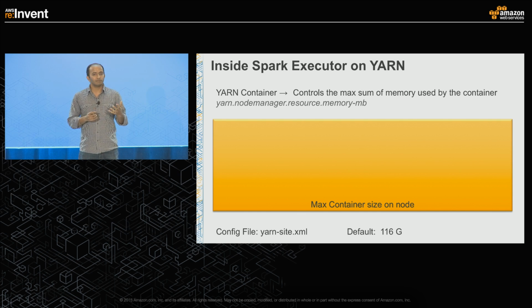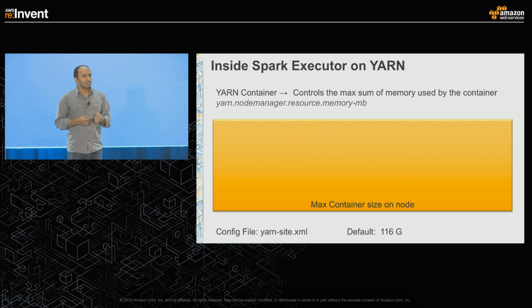Now the next thing is how much memory is required for my processing. Spark on EMR runs in YARN mode, and in YARN the main thing is YARN containers. This is where the application runs. When you submit a job, the containers are launched, and within a container space is where your application runs.